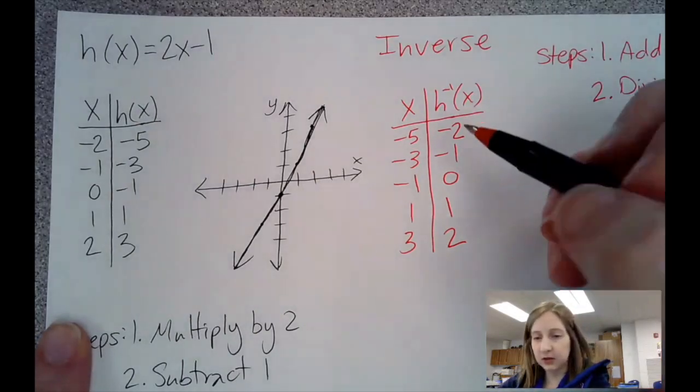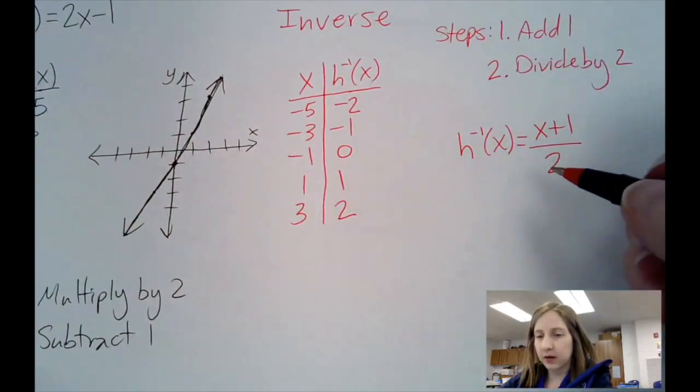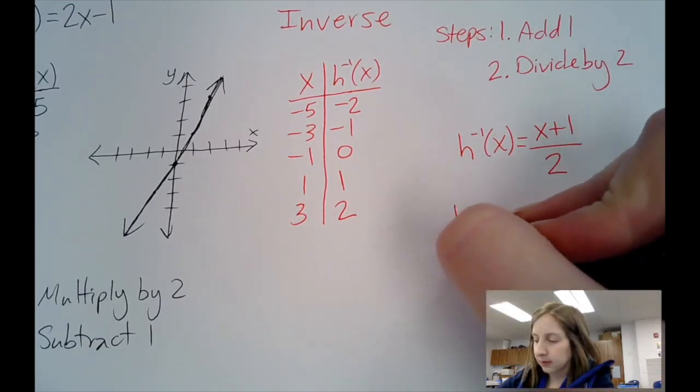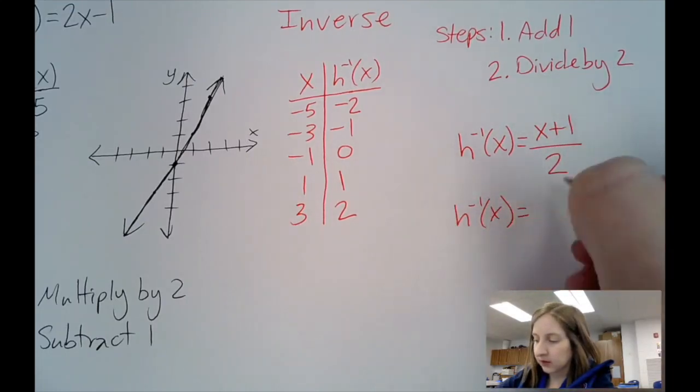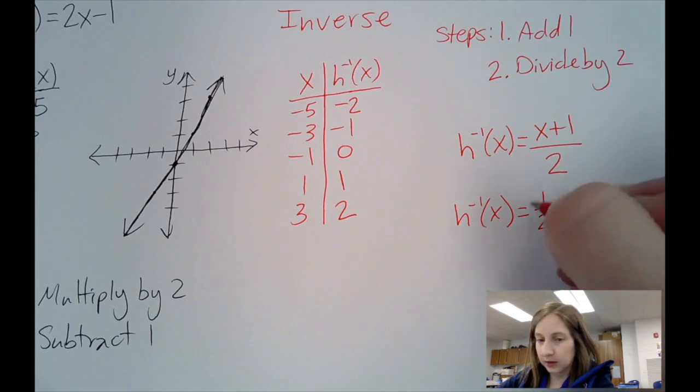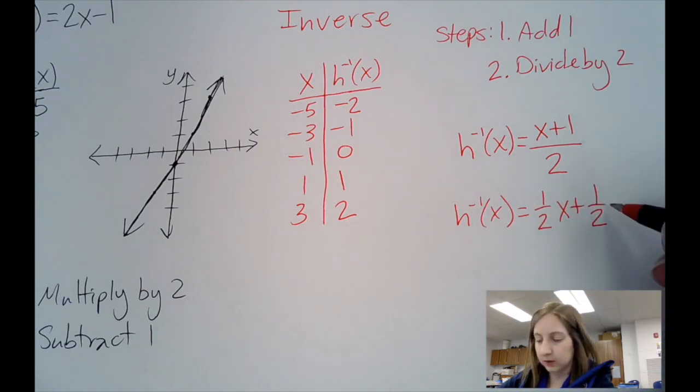And then for the inverse, again, I have points, or I do have the function. This is just a linear function. I can divide by 2 on each piece individually and see its slope is 1/2 and its y-intercept is also 1/2.